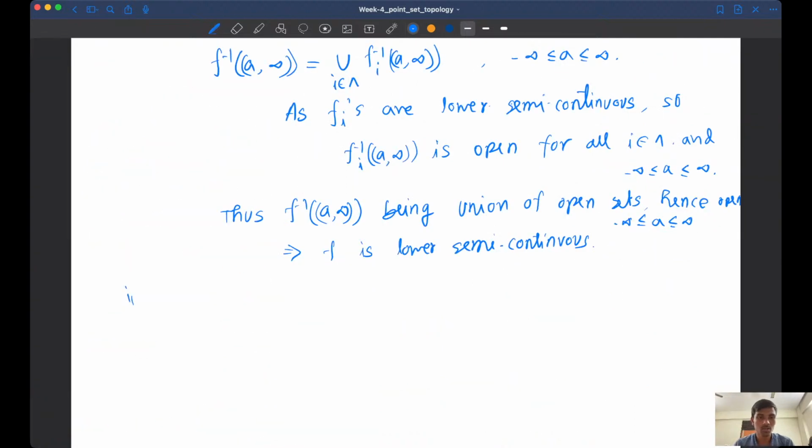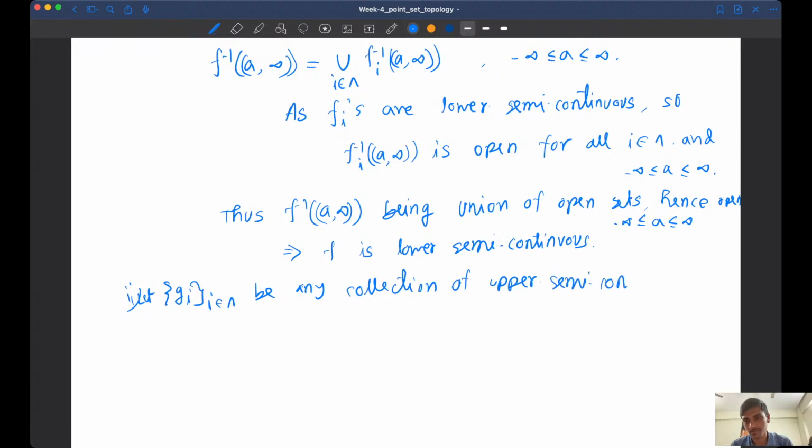Again you consider, let's say, g_i, and let g_i be any collection of upper semi-continuous functions such that they are uniformly bounded below.